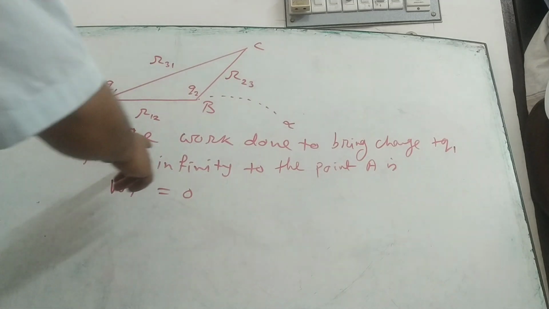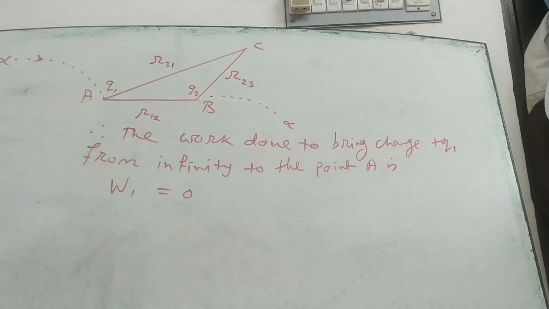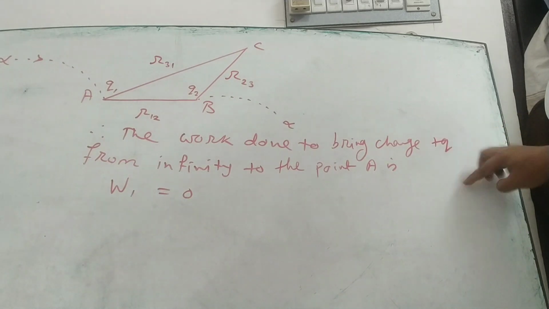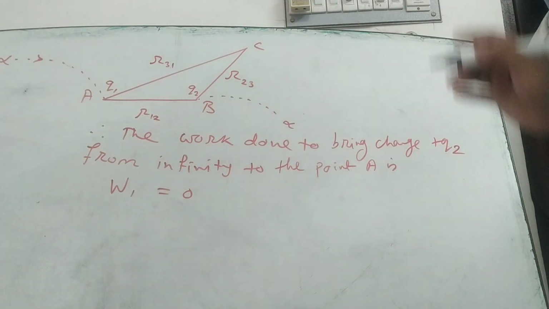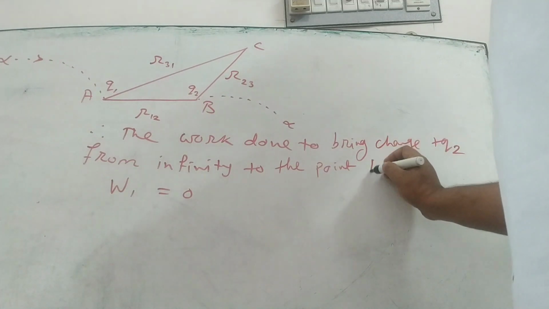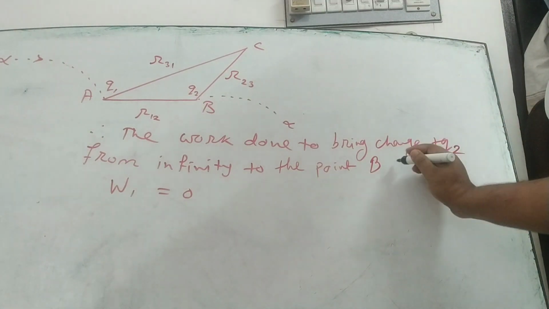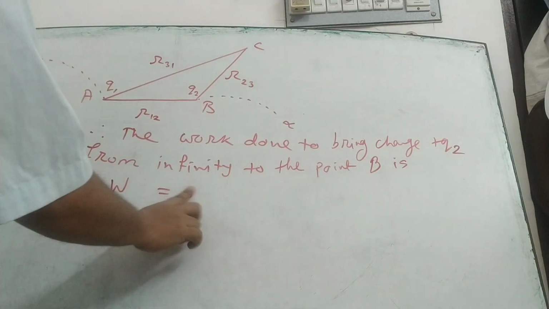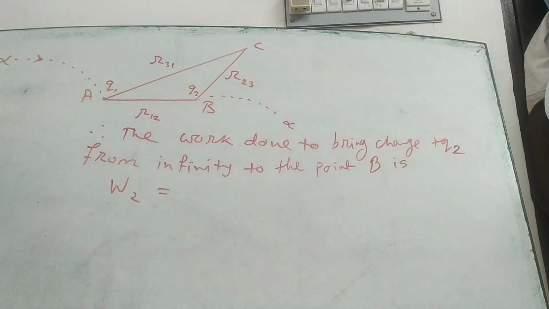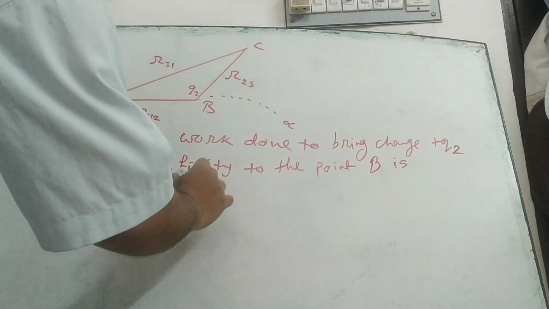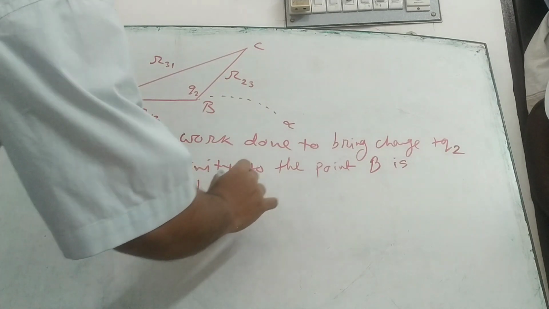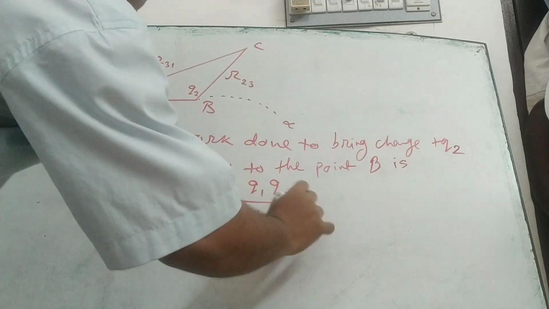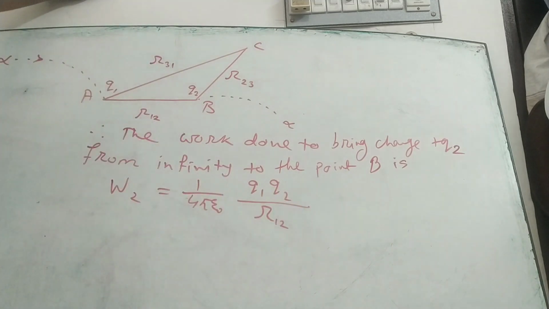Therefore, the work done to bring the charge q2 from infinity to the point B is W2 equal to 1 by 4 pi epsilon 0 q1 q2 by r12, where r12 is the distance between A and B.